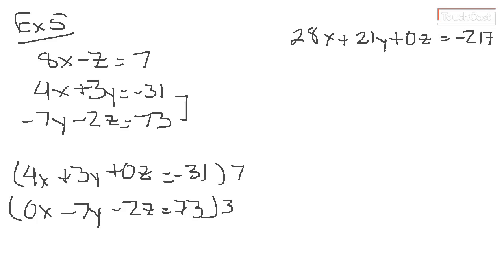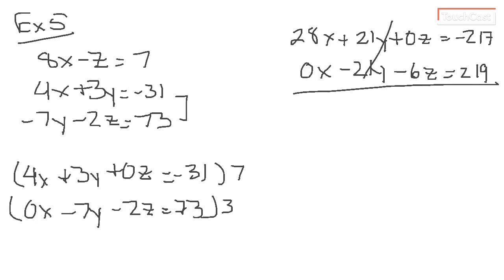And then our second equation, we're going to still have 0x minus 21y minus 6z equals 219. And we're going to add down. Our y's cancel out. We'll have 28x minus 6z equals 2.